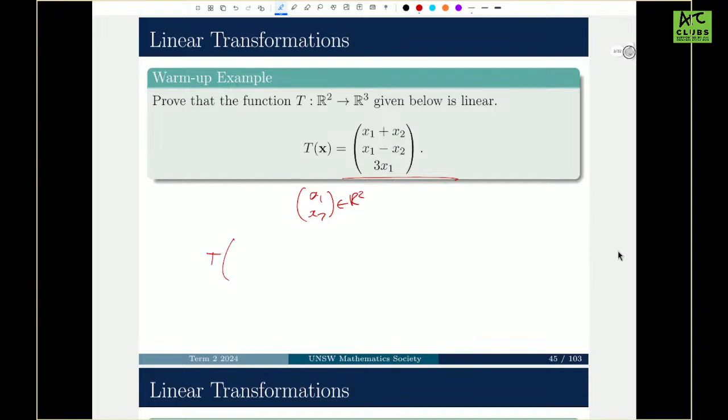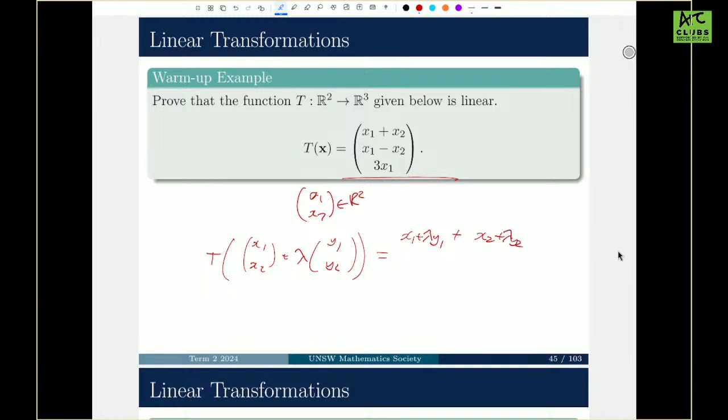So T of (x1, x2) plus lambda (y1, y2) equals, think about what this will equal. It will be x1 plus lambda y1 plus x2 plus lambda y2.